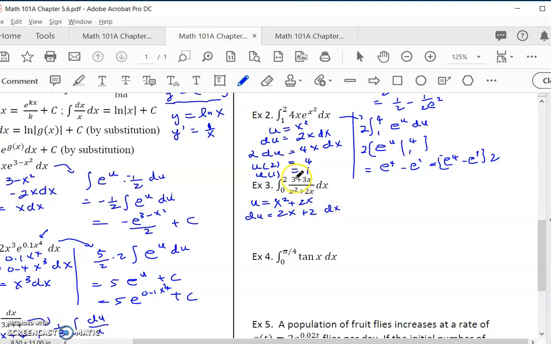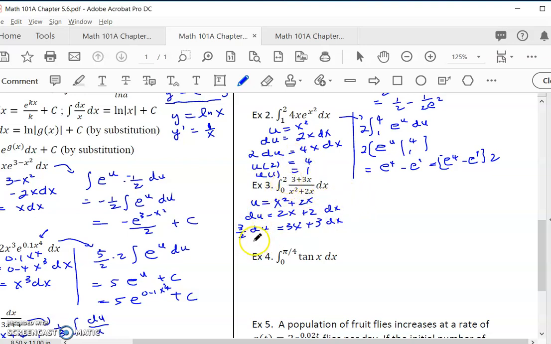Do we have that? We have 3x plus 3. If we divide by 2 and multiply by 3, then maybe that would work, right? So 3/2 du would be 3x plus 3 dx. That means you divide by 2 first on both sides, and then you multiply by 3. So this would be replaced that way.